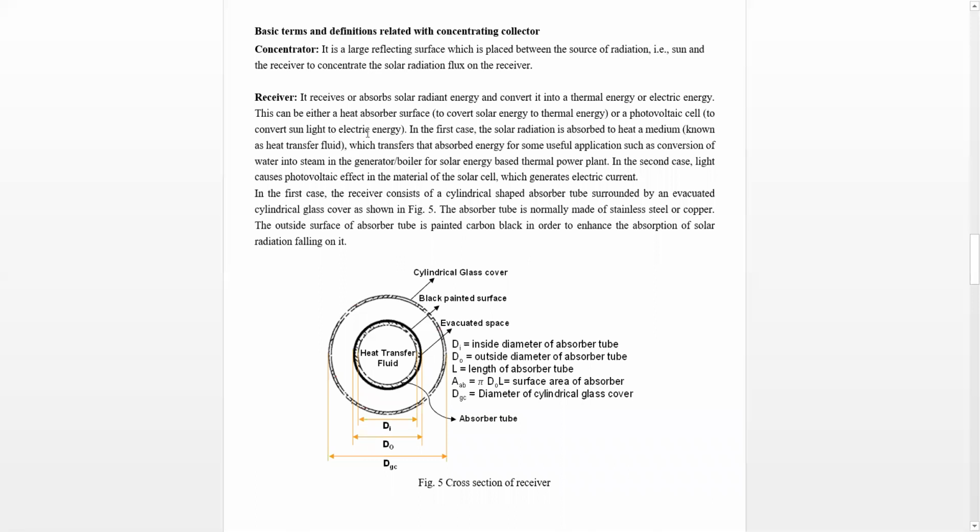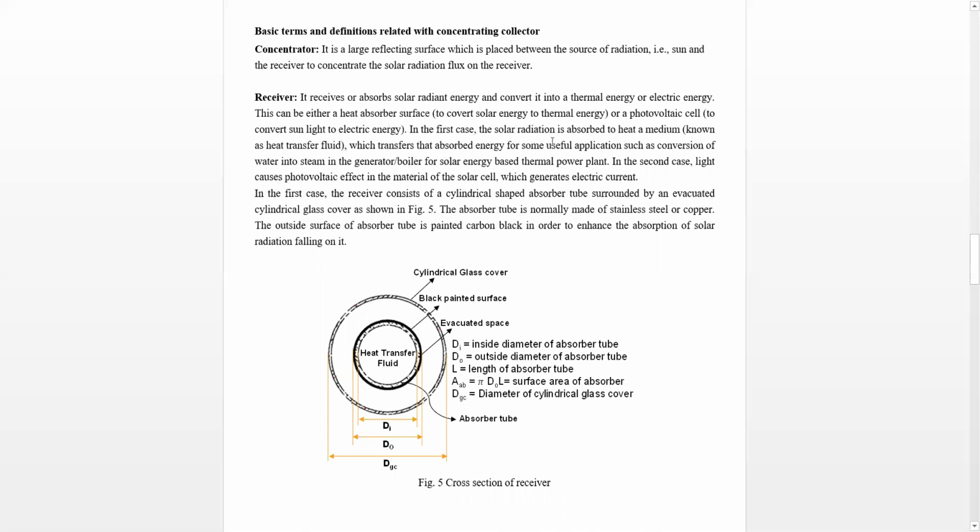This can be either a heat absorber surface to convert solar energy to thermal energy, or a photovoltaic cell to convert sunlight to electrical energy. Because we are not doing the photovoltaic studies, we are interested only in the first case, that is, the receiver consisting of a heat absorber surface.